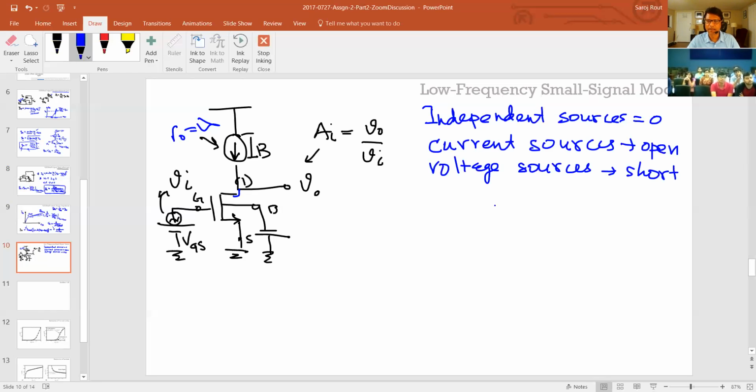Okay? So if you do that in this, the VGS will be a short, right? And IB, this is the ideal current source, so this will be an open. And you draw the entire small signal after that.